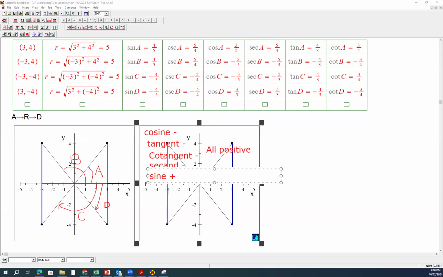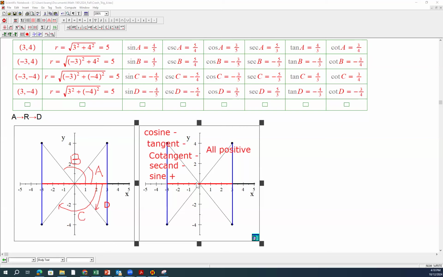Positive. And cosecant is positive, right? So this seemed to be rather, I would say, pretty complicated, right? Which doesn't need to be.